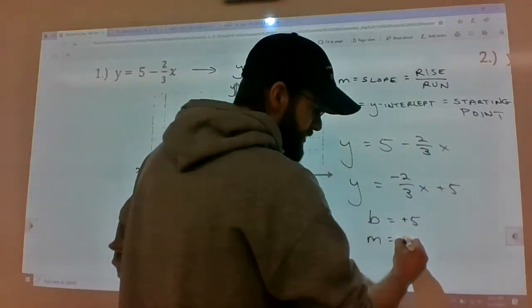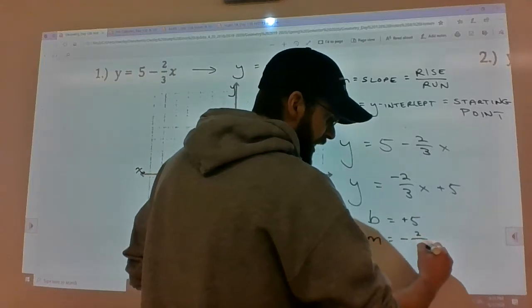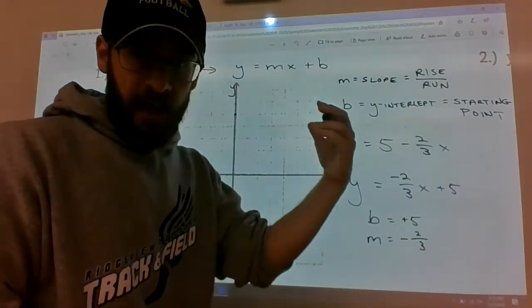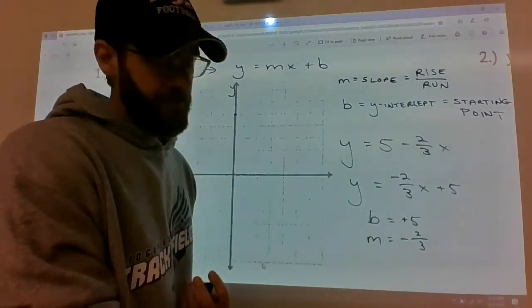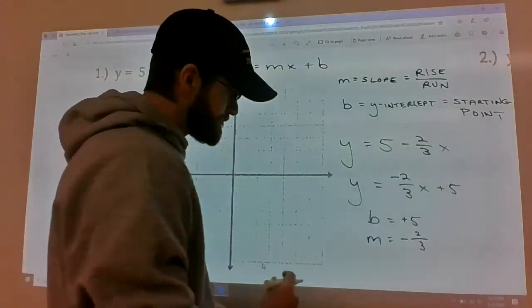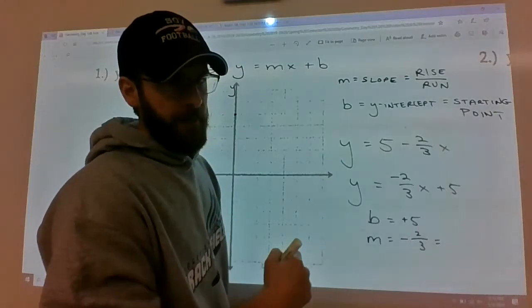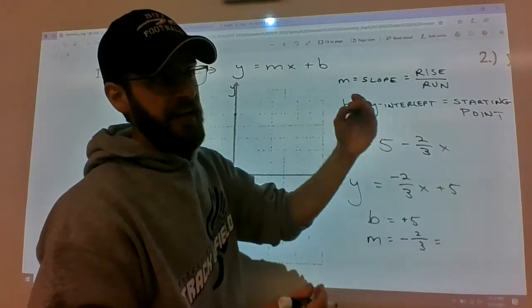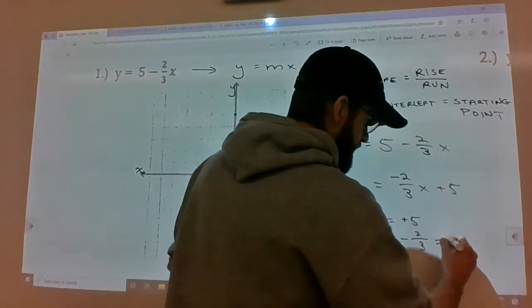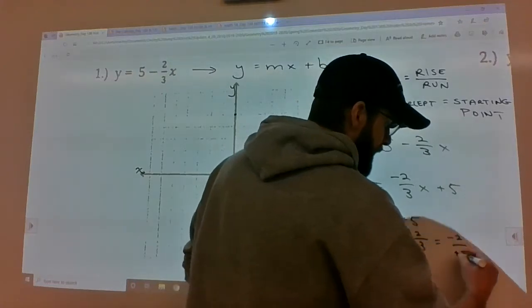Now, sometimes students, when they just see the negative in front of the fraction, they ask themselves, is it the top that's negative or is it the bottom that's negative? And the answer? Well, in order to achieve a negative number, you have to take a negative divided by a positive. So it's negative 2 over a positive 3.